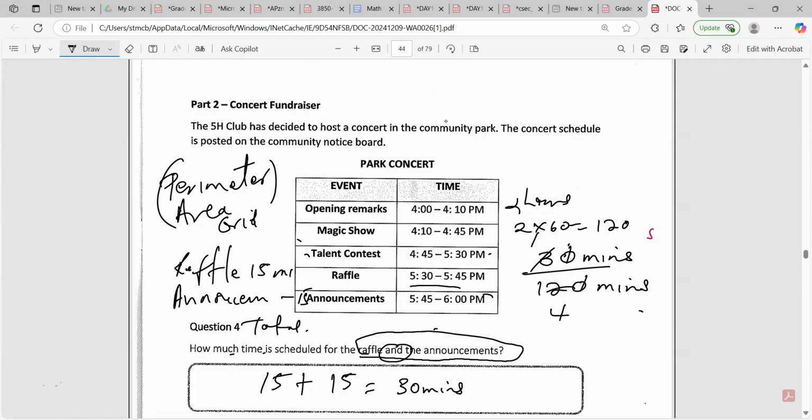Yeah, very good. I like how you look at it, because some students might say, well, this is 10 minutes. Yeah, I realize everyone did that. They look at the start time and the end time. Makes sense, right? So it's a total of 2 hours.